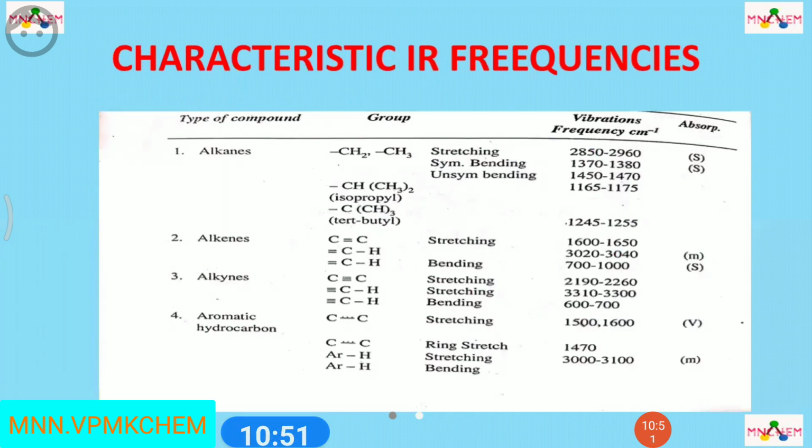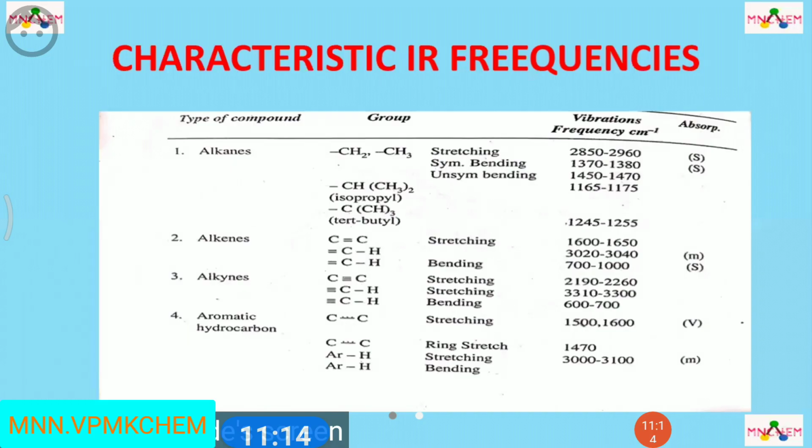Now let's look at the characteristic IR frequencies for different functional groups. There are two tables which represent the characteristic frequencies. Alkanes usually have stretching frequencies around 2800, and show a strong absorption band.